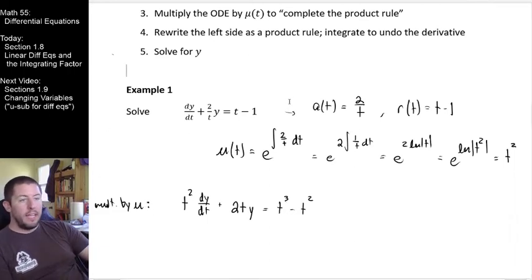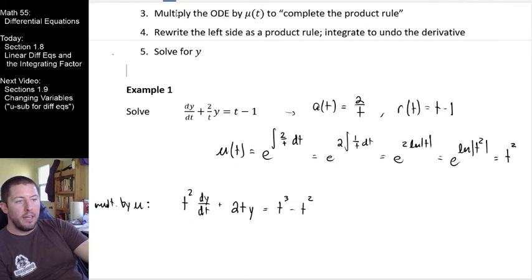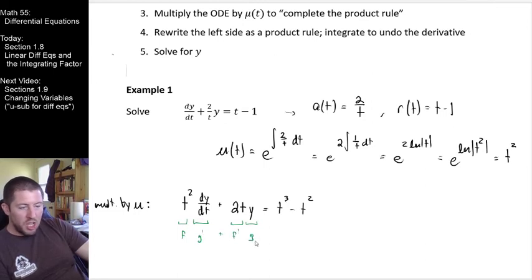And again, our big conceptual thing to see here is that this is our product rule exactly. On the left-hand side, we have t squared left alone, and we took the derivative of y. The right part is we left the y alone, and we took the derivative of t squared, and we've got the sum between them. This is exactly our f g prime plus f prime g, I think is the usual notation that we are comfortable seeing.